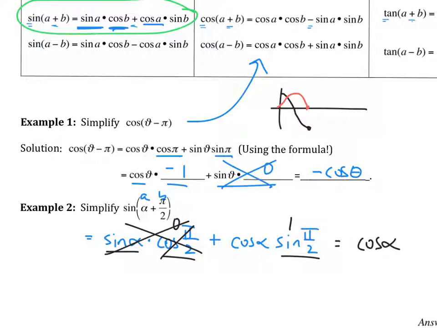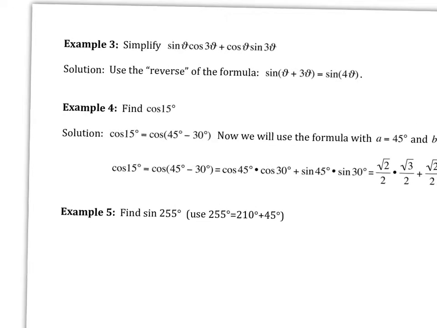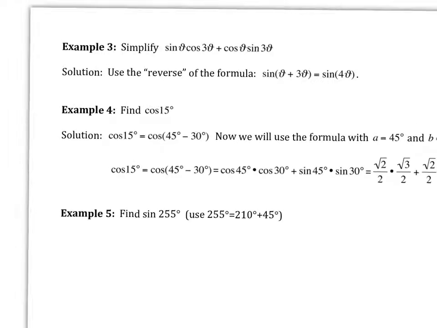Then page 2. On example 3, all they're doing is having you go the other direction. If you think about sine of theta plus cosine 3 times theta and so forth, the very first thing you have to recognize is that this is one of your addition formulas for sine.